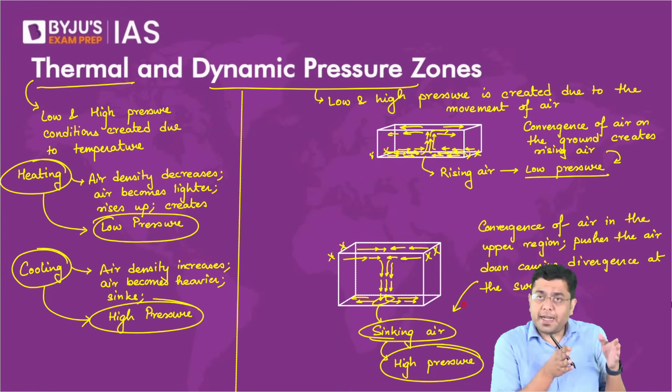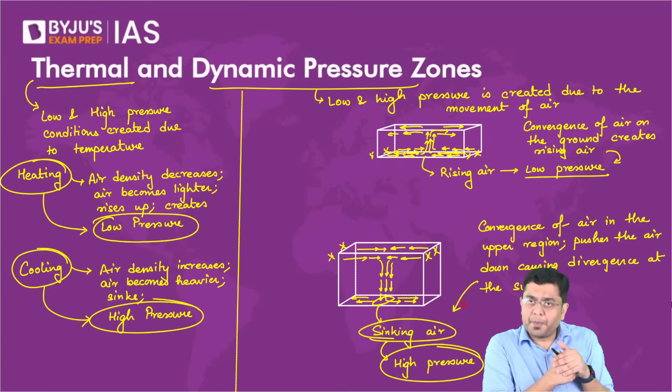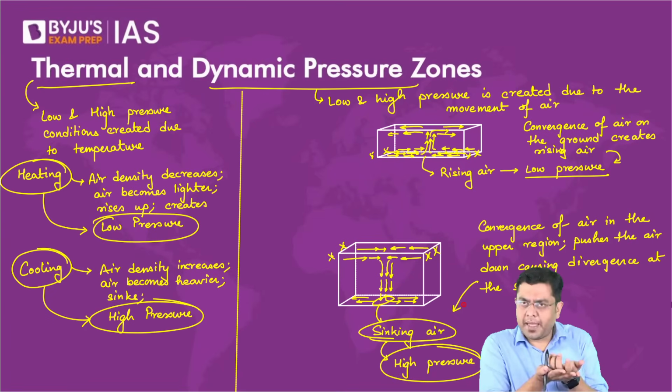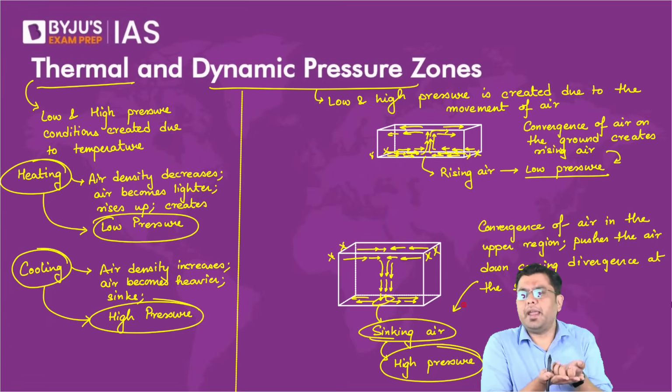So we have seen that basically a low pressure or a high pressure condition can be initiated both by temperature as well as the movement of air. When we talk about the role of temperature, any region when it gets heated up, it will heat up the air above it as well, and that heated air will tend to become lighter, it will rise up.